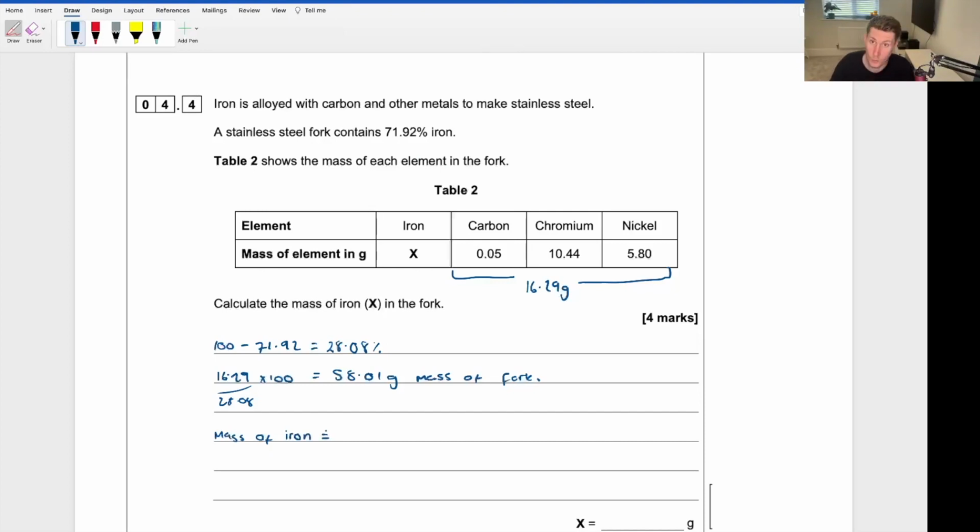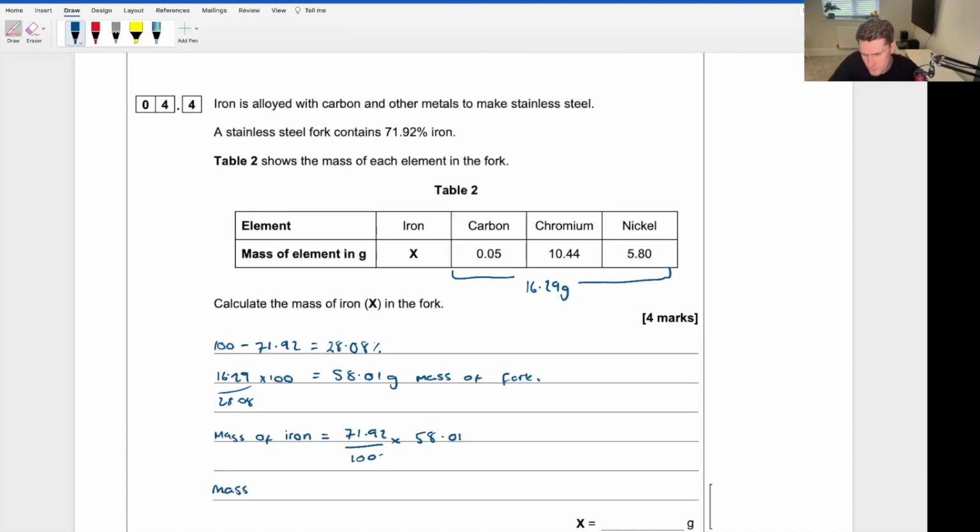So I'm going to take what I know is, I know that I've got 71.92% of it. I know that 100% of it must include my iron. So I'm going to do 71.92% divided by the total, which is 100%, multiplied by 58.01, which is my mass of my fork.